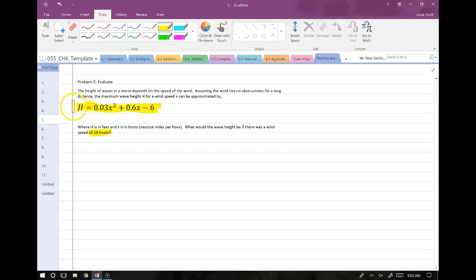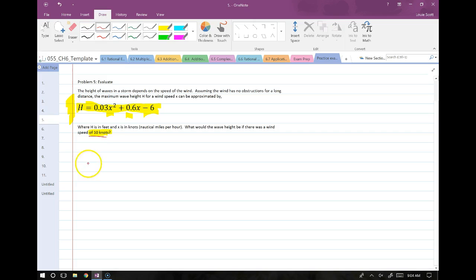So h over here is the wave height, and x in the body of the polynomial is the wind speed. The question says, what would be the wave height if the wind speed were 10 knots?